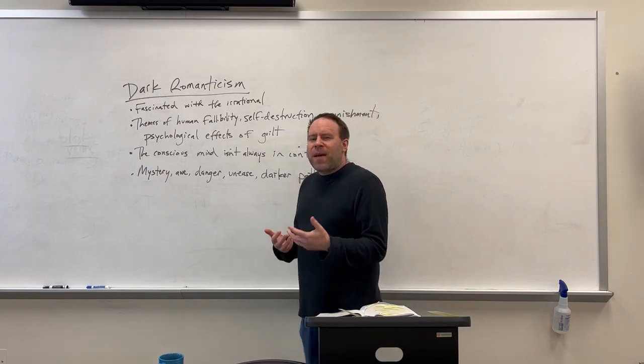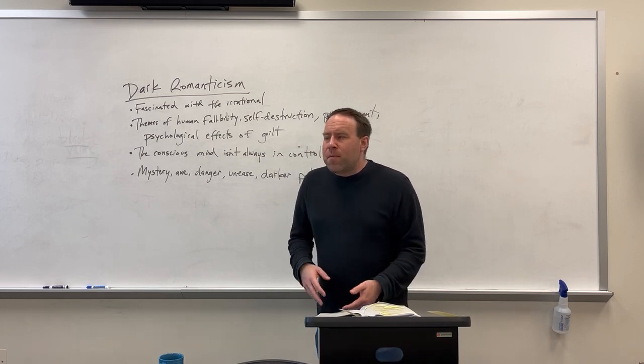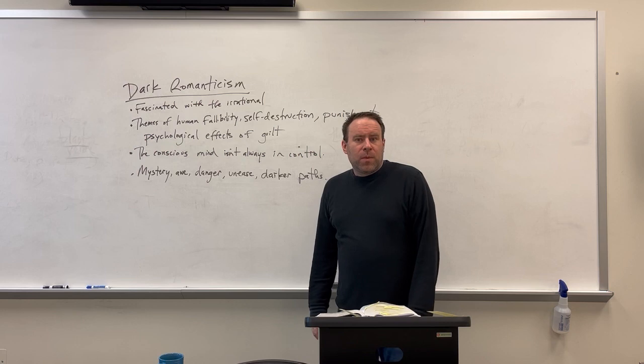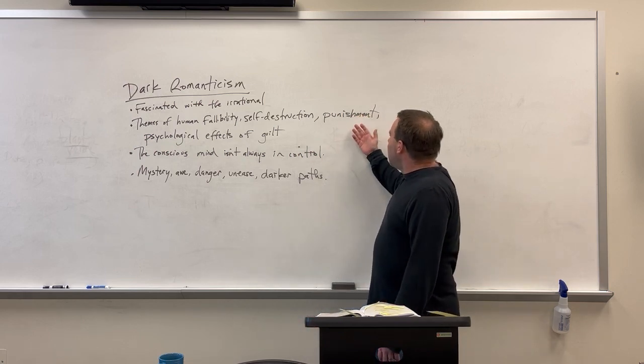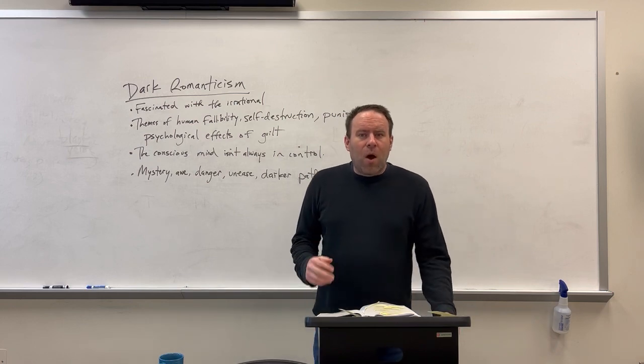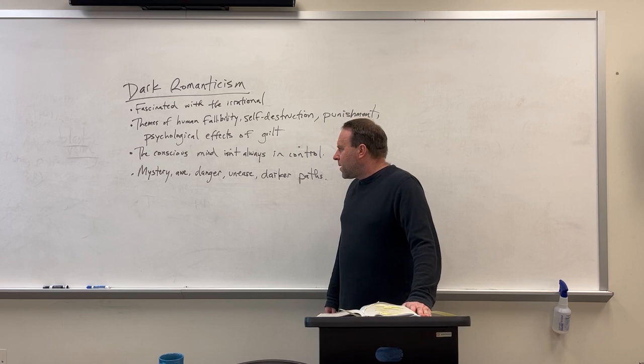Themes of human fallibility really play into dark romantic texts. Themes of self-destruction feature into these texts. Punishment and the psychological effects of guilt are also explored in dark romantic texts.